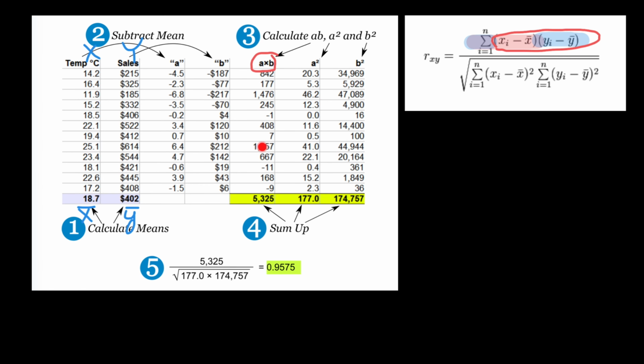So it's pretty easy. And then we have to square a, which is the numbers here, and we have to square b, whose numbers we can find in this column. And then the next step, the first step, would be to find the sum of each column.